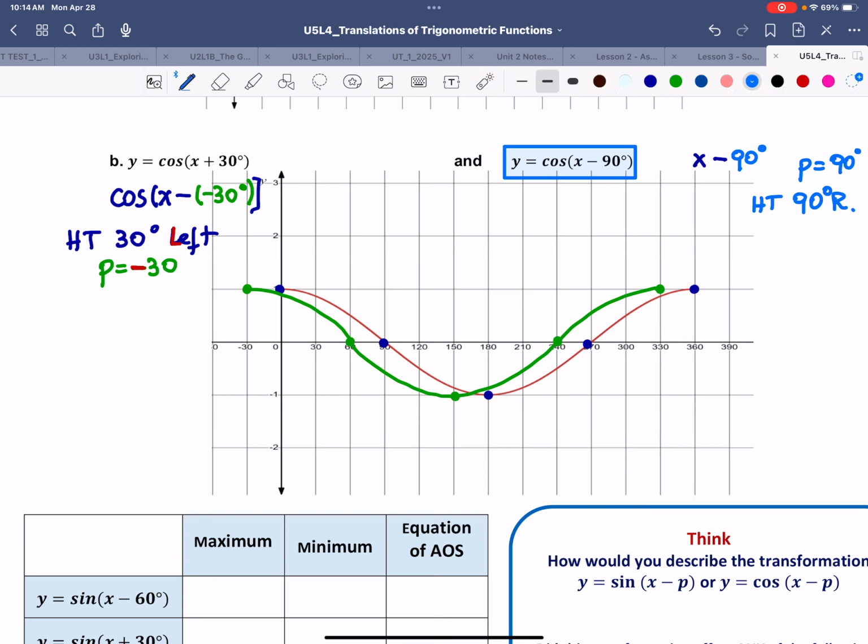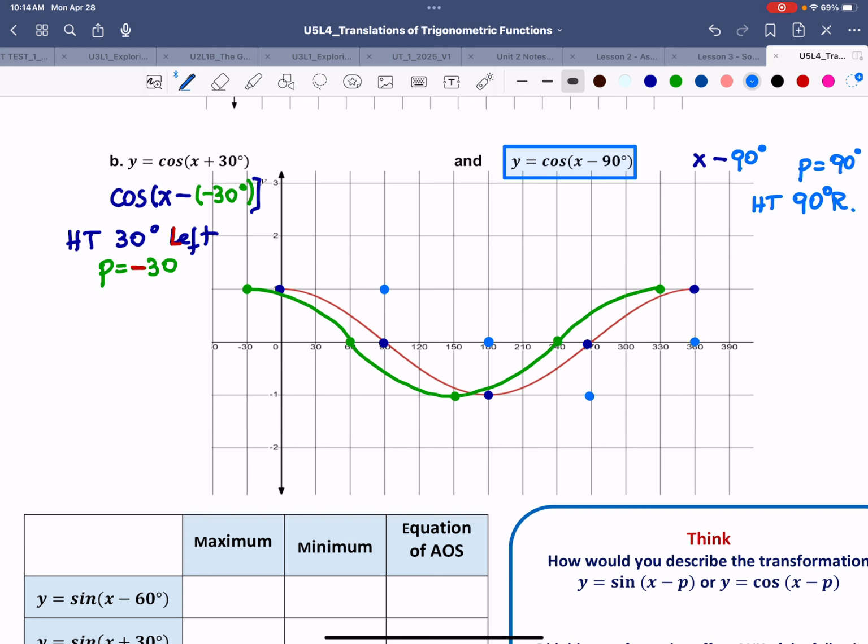So here we go. 90 degrees will be 3 units, because every unit is 30 degrees. We're going to move the first point 1, 2, 3, so that's 90 degrees to the right. Again, 90 degrees to the right for the next point, from 270 to 360.